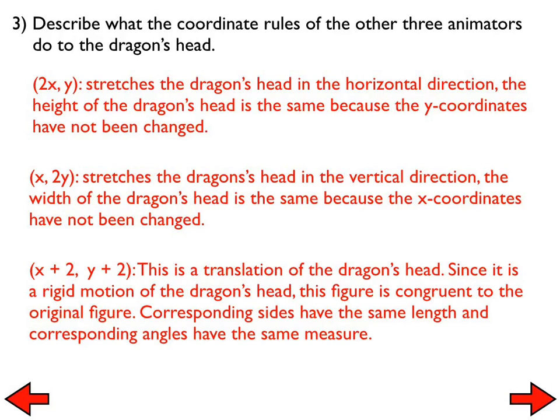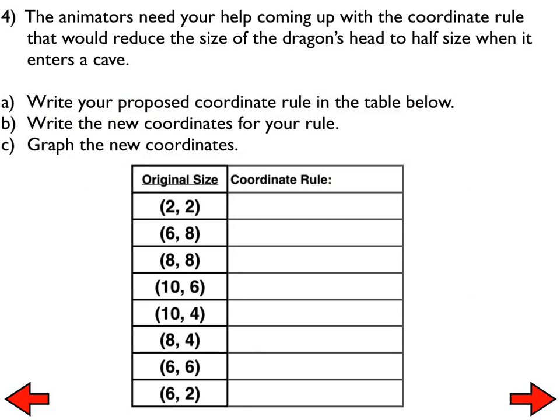In number 4, it says the animators need your help coming up with the coordinate rule that would reduce the size of the dragon's head to half the size when it enters the cave. So you need to come up with a coordinate rule, put that coordinate rule right here, and then write the coordinates for your new rule, and then graph those coordinates to prove that the head is half the size of the original one.